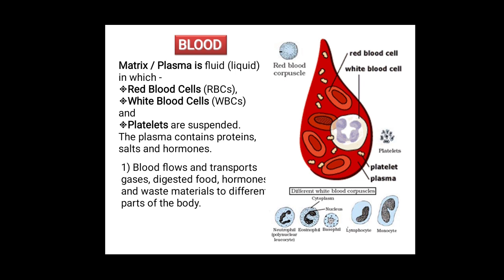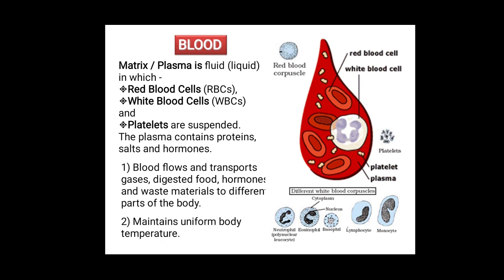So function of blood would be to transport all these materials to various parts of the body. It could be nutrients like glucose, amino acids, fatty acids, or it could be salts, or it could be waste materials like urea, uric acid, etc. Or they could be hormones, enzymes, other materials also which can be transported.